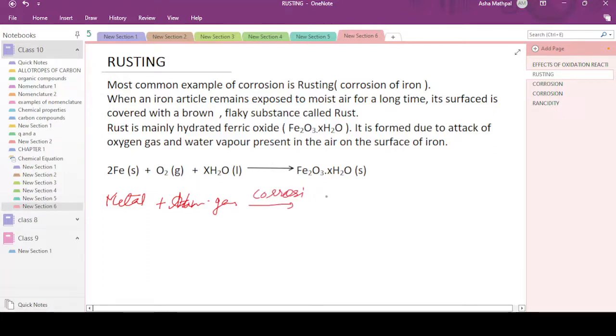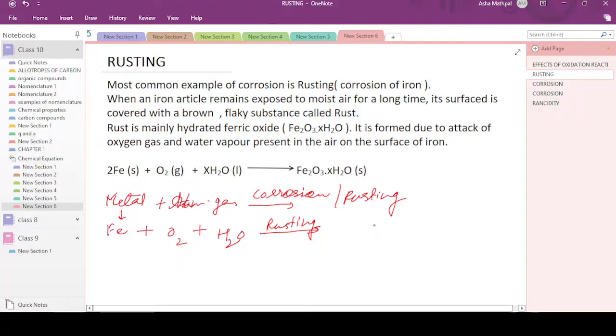But this corrosion is called rusting when the metal is iron and in the atmospheric gases it reacts with oxygen and water. Then this process is called rusting. Rusting is simply a type of corrosion. Rusting is a word which is used with iron. That is why it is called rusting there.